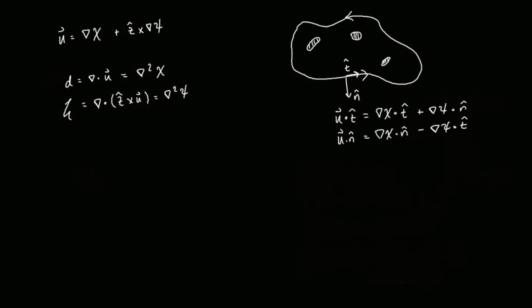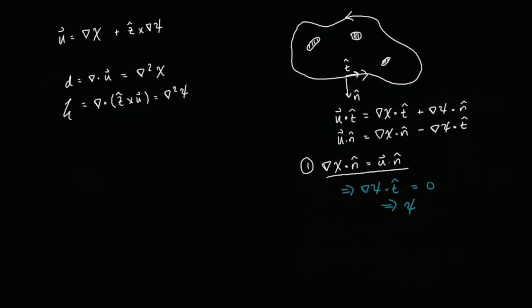So, one choice, we'll say option one, is to let grad chi dot n hat equal u dot n hat. If I make this choice, what follows because of this is that grad psi dot t hat has got to be 0.